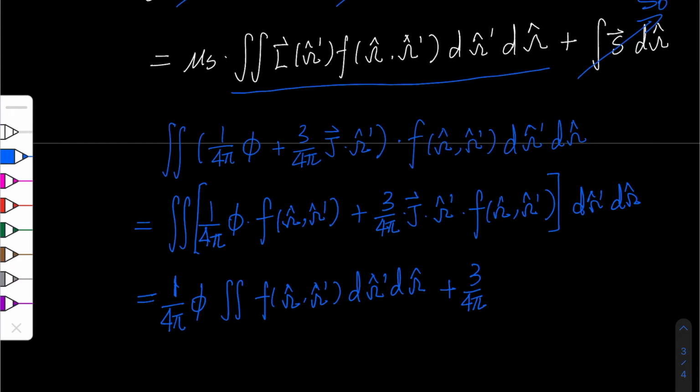The J function also doesn't depend on the direction of omega hat or omega hat prime, so we can put it outside of the integral. What is left is the integral of f of omega hat and omega hat prime times omega hat prime, d omega hat prime d omega hat.